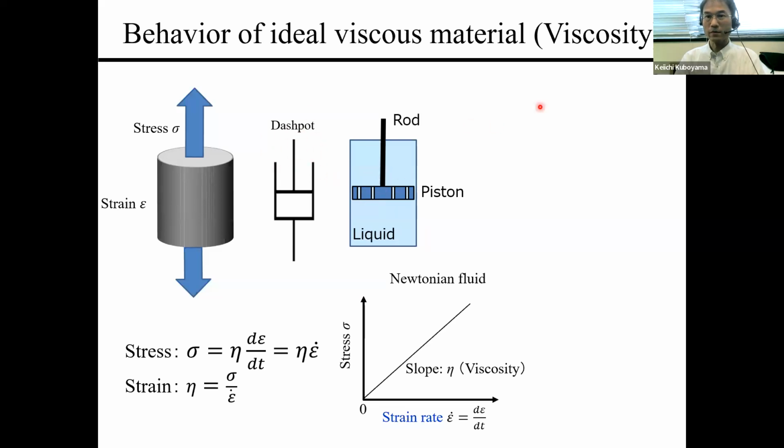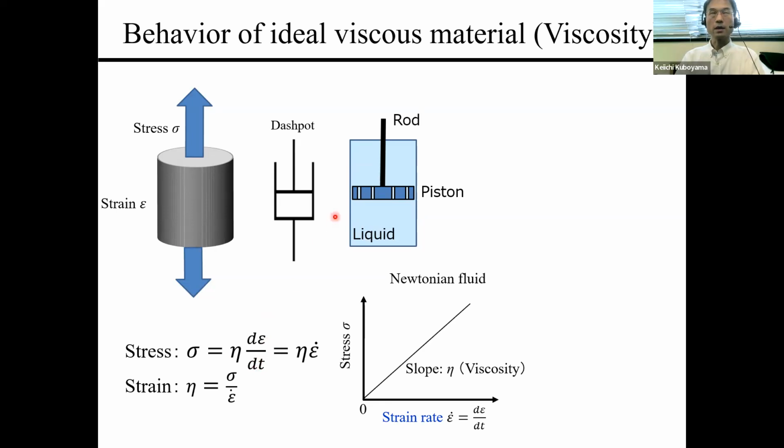And a viscous material can be represented by such a symbol. And in this case, the stress when you apply the tensile force to this rod can be expressed by this equation.